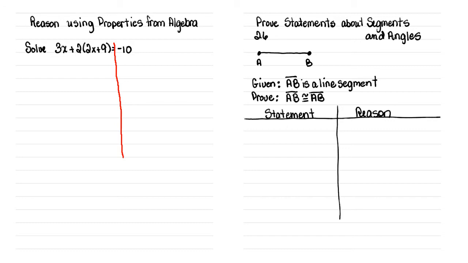The first thing that we always do with the problem, step 1, distribute and combine like terms. Distributing is that property of multiplication over addition and subtraction. 3x plus 4x plus 18 equals negative 10. And that's the distributive property.